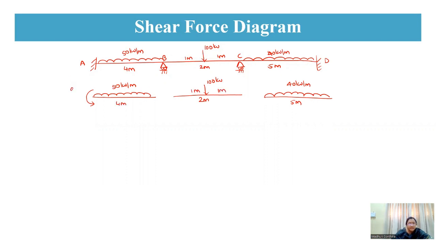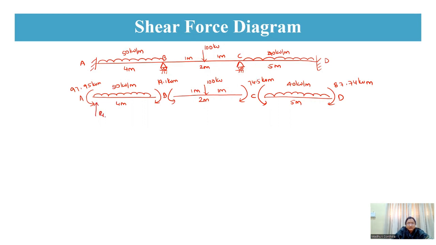So at A, MAB moment you are getting anti-clockwise of 97.95 kilonewton meter, and here at this is A, B, C, and D. At B point, you are getting 19.1 kilonewton meter, and at C point, you are getting 74.5 kilonewton meter. Again, at the D point, you are getting 87.74 kilonewton meter.